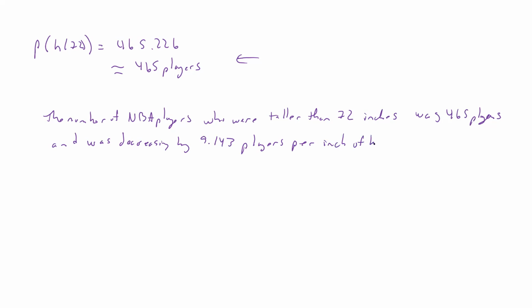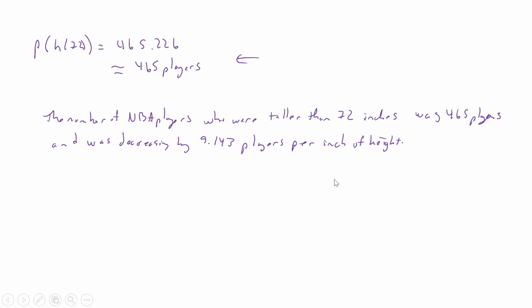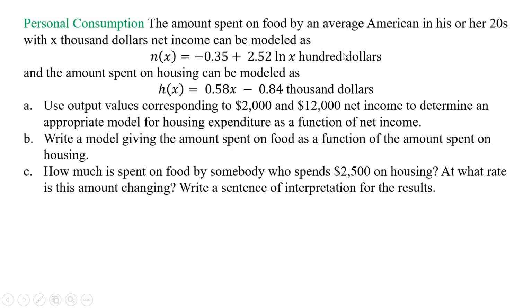And we probably should say of height, that was kind of given, but we'll say of height so we know for sure. So the number of NBA players who were taller than 72 inches was 465 players, and it was decreasing by 9.143 players per inch, or it was just decreasing by that. So we put the decreasing as the negative. Okay. All right. So let's stop there and we'll come back with this one.